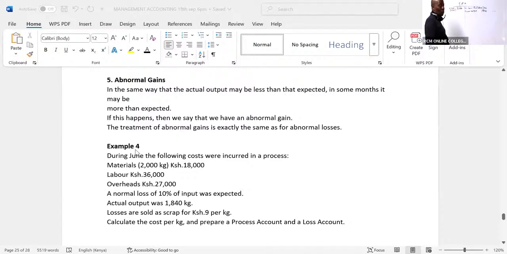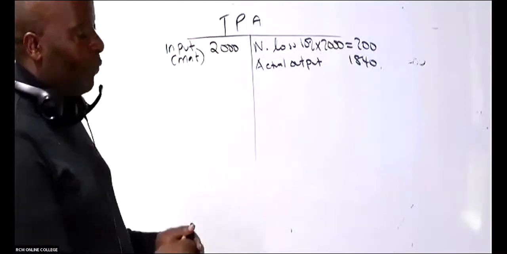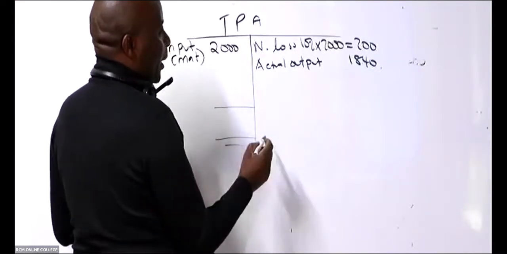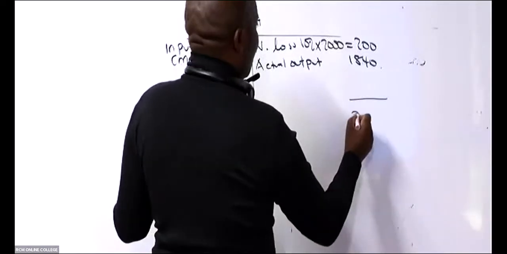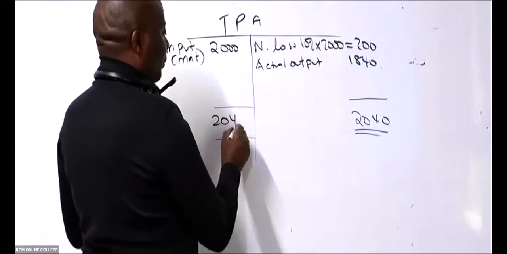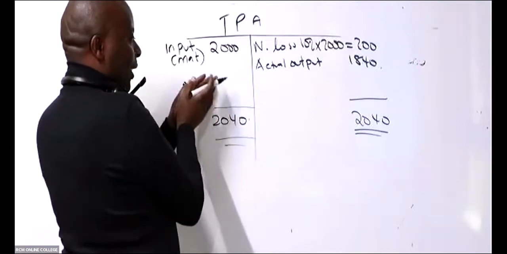So, and that is it. So go ahead and do your balancing figure. In this case, your balancing figure, if you're keen enough, you must have realized that this side is heavier. This side is 2040. So meaning that the balancing figure is coming here.